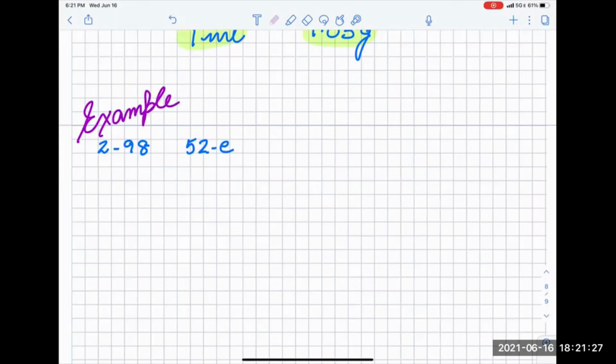Here you are given that air has a density of 1.29 grams per liter, at room temperature. State whether each of the following will rise or sink.